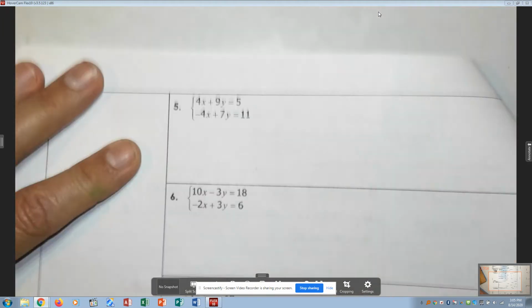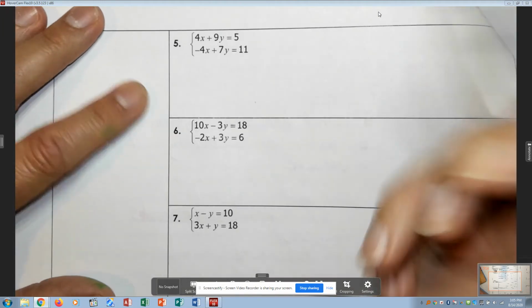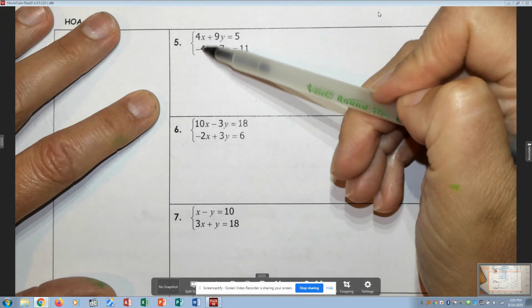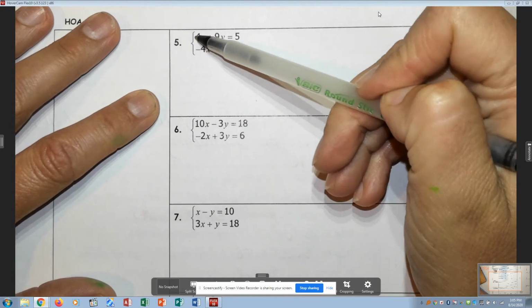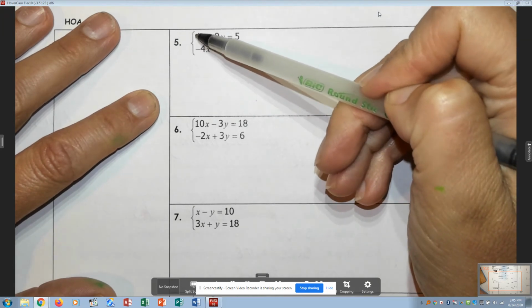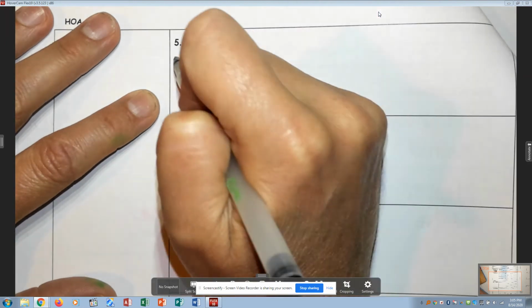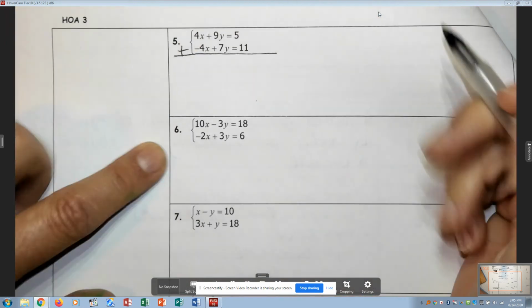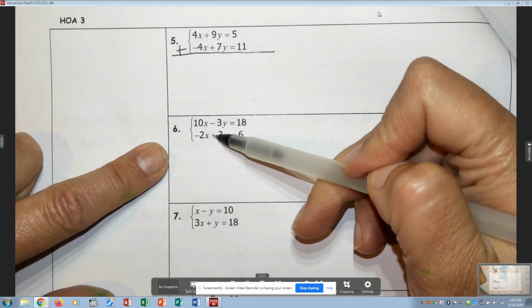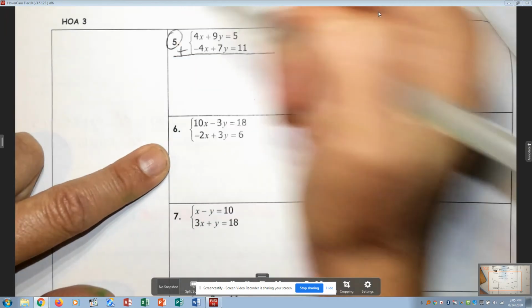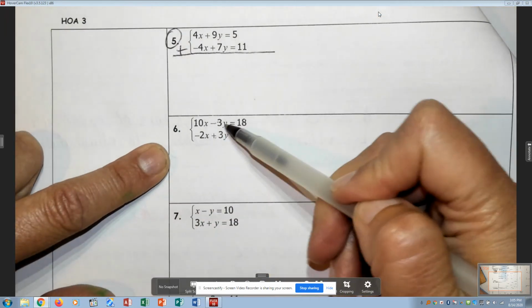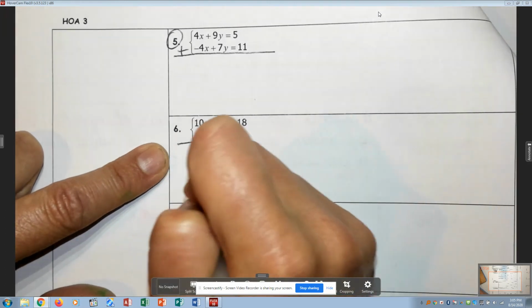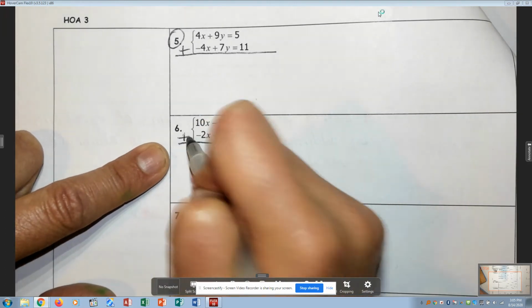I have set you up here so that the common variable is already the opposite. So if it's already the opposite, what you guys need to do with these is add the two equations. Same with this. Already the opposite. So you're going to do 5. Because they're the opposite, and this is your common variable, you're going to add the two equations.